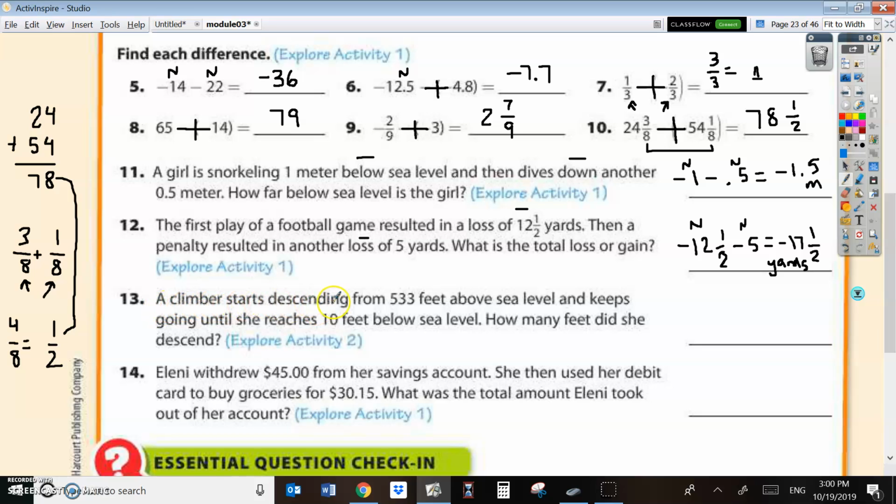A climber starts descending. Descending is negative, from 533 feet above sea level and keeps going until she reaches 10 feet below sea level. How many feet did she descend? So, if there's a cliff right here, right? She's right here, the climber. So this is 533 feet above sea level.